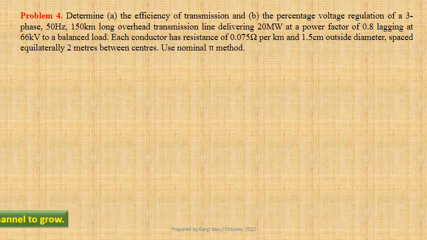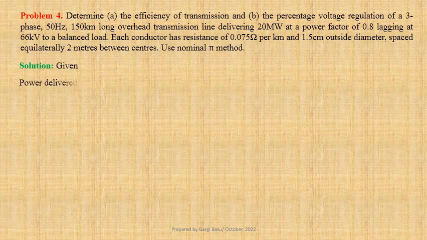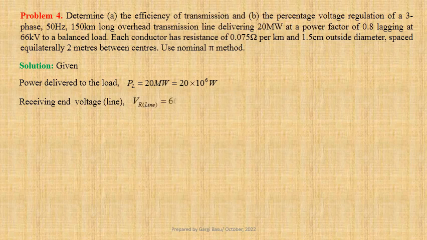Let us first write down the given data. Power delivered to the load PL equals 20 megawatts, that is equal to 20 into 10 to the power 6 watts. Line to line receiving end voltage VR line equals 66 kilovolts, that is equal to 66,000 volts.